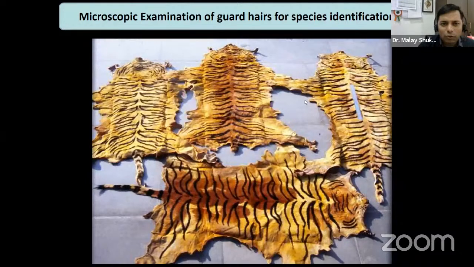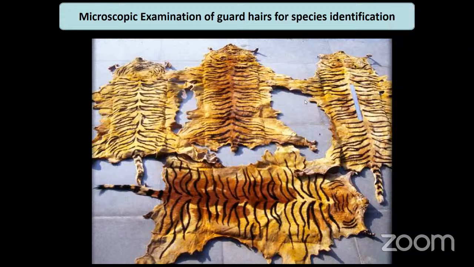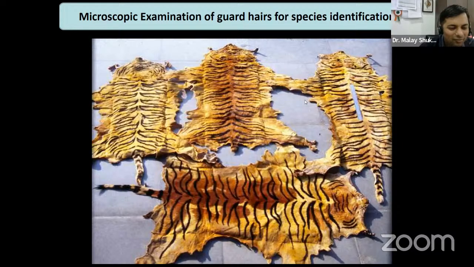I guess everybody can see this photograph. What is it? I guess it is a tiger, right? Everybody can see it's a tiger. It's a false pelt. It's a fake skin, right?